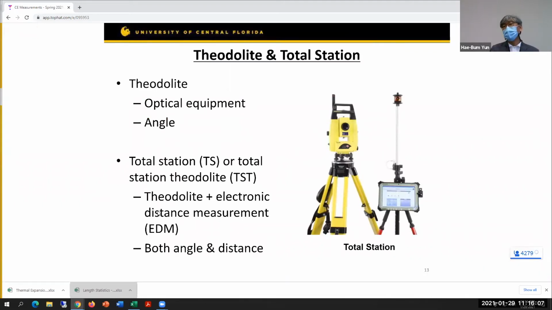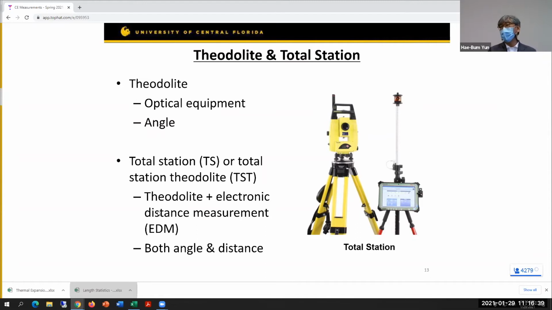And now I'm going to show you an actual example of how we can use this statistical technique with the measurements. The example is related to the theodolite. I will first explain what a theodolite is, and then also what a total station is.